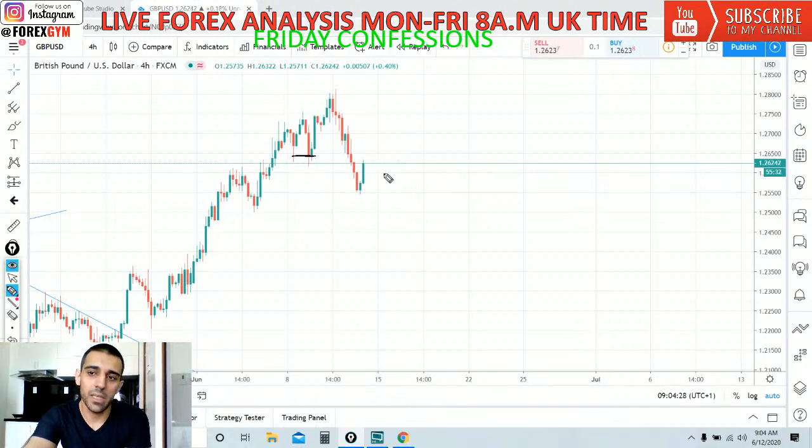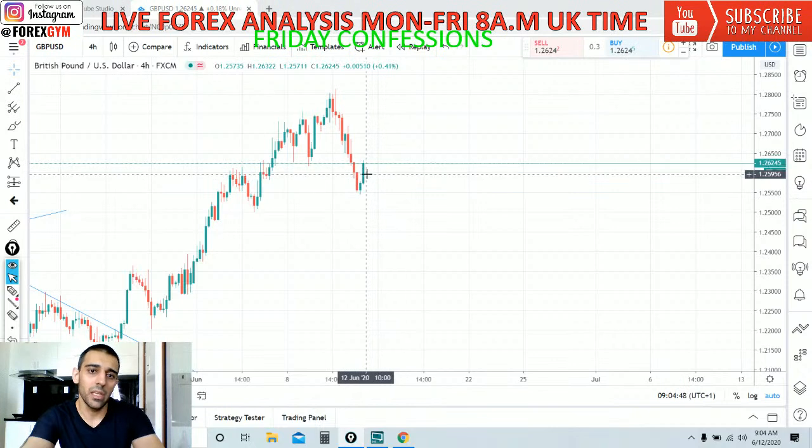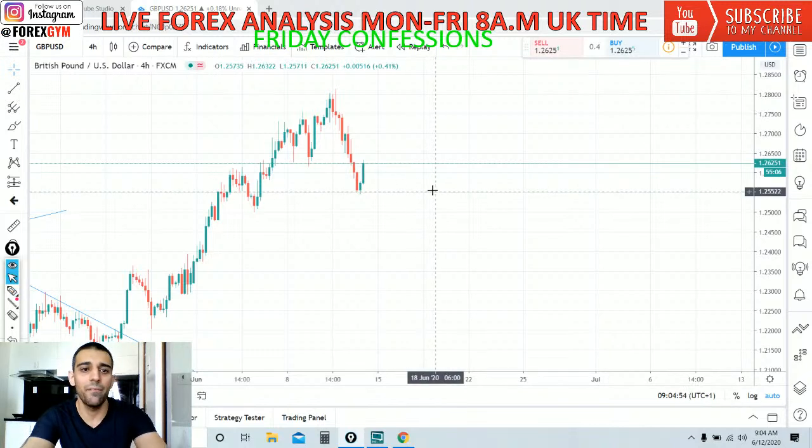But if it hangs out in here and messes around a bit before closing a strong bullish candle, then I would be looking for a retracement down at this level to get onto the buy side, but only after this 4 hour candle is closed, nothing before that. And if it leaves a long tail and closes as a half body candle, then this trade is not valid.